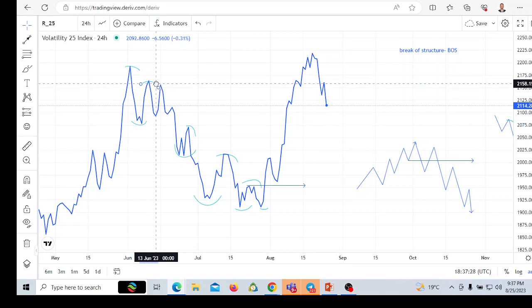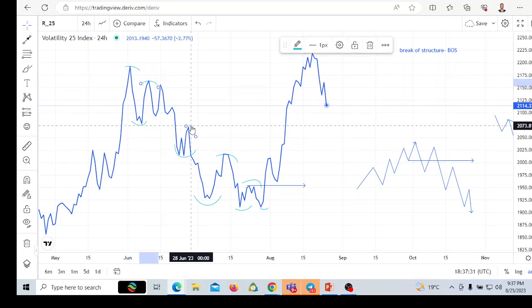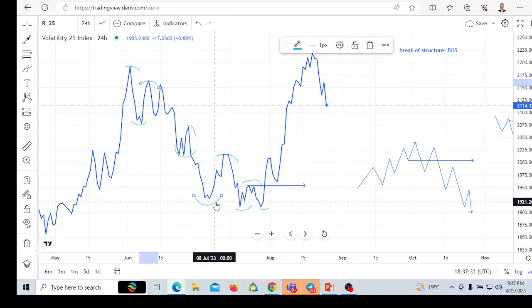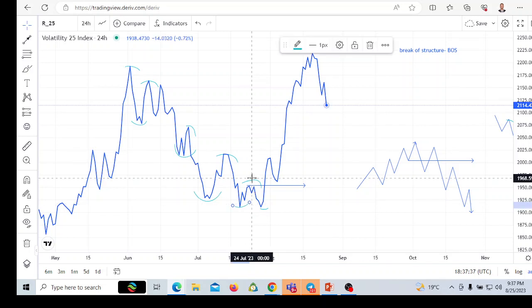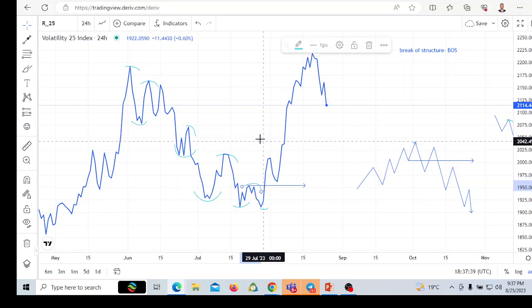Then this gave us, so this is where it's supposed to be, and so on and so forth. So in structure, we are looking at the candle body, not the wick. We can write that: we are focusing on the candle body, not the wick.